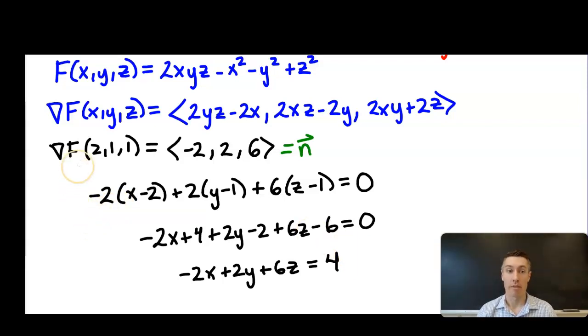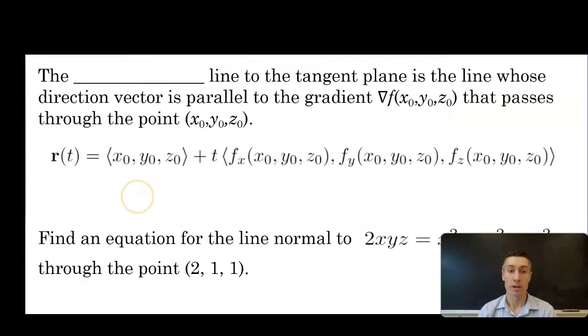Now, building off this, another question that we could be asked is to find the normal line to the tangent plane, and that's the line whose direction vector is parallel to the gradient vector that passes through the given point. So essentially we're using the same set of information that we just found, but instead of writing the equation of the tangent plane, now we're writing the equation of the line that is normal to the surface through the given point.